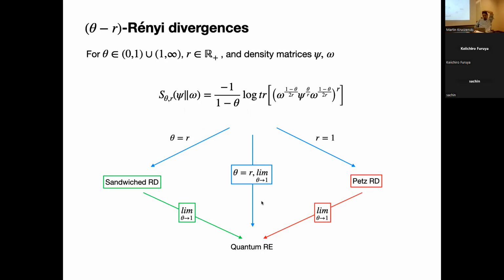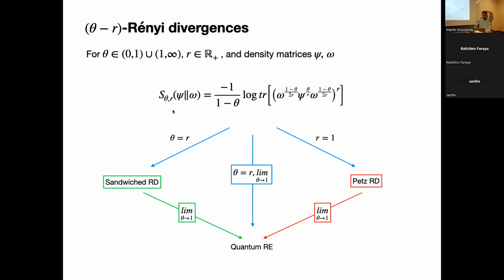And if you take the theta going to 1 limit, then you get the usual quantum relative entropy. So these theta-r Rényi divergences are two-parameter, two-state divergences. This was somewhat interesting.